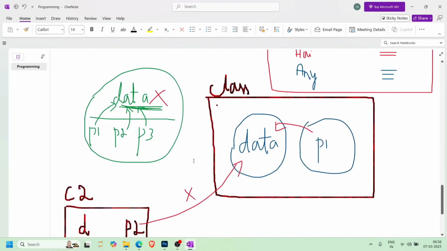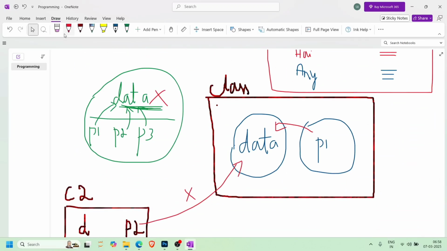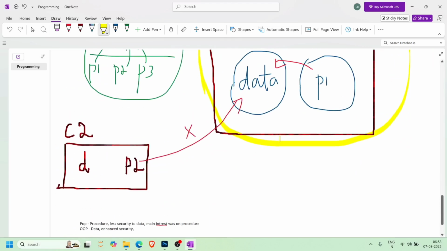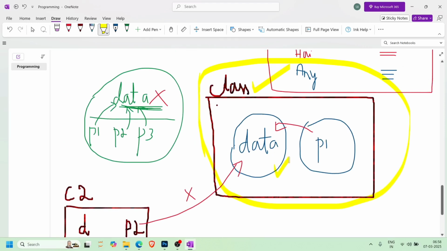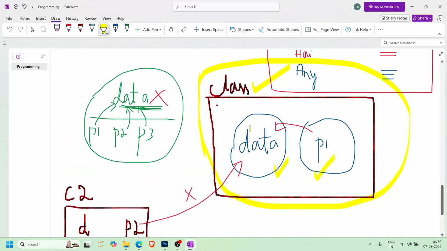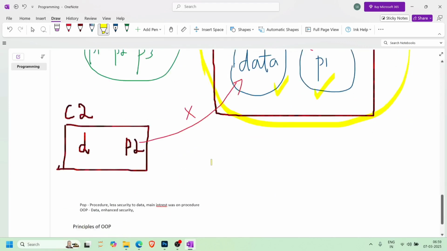To enhance security, object-oriented programming will group the data and its related functions into a single unit. This unit is called a class. This process is called data encapsulation, or we can say the process of creation of a class is called data encapsulation. In data encapsulation, they are grouped.